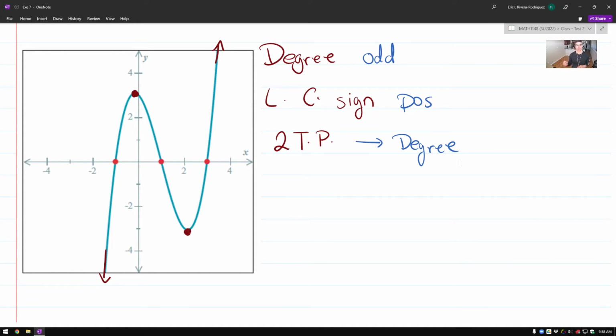Okay? How would you describe the degree of this polynomial if we have two turning points? Anyone?